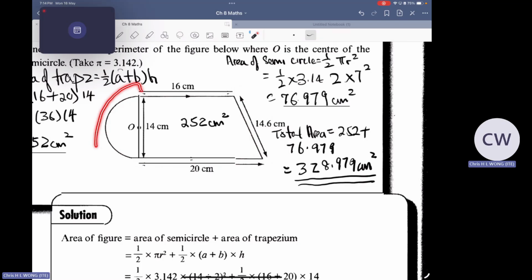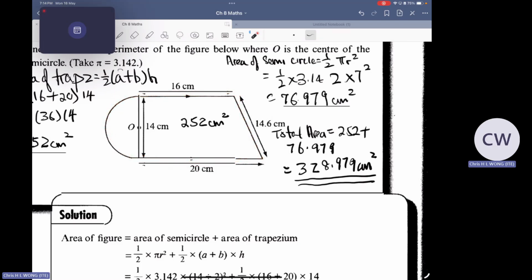So you must find this. Here only, inside don't count, okay? Perimeter, you don't count inside. You can only count outside. Outside, this one, and this one. You cannot add this. Perimeter is only outside.